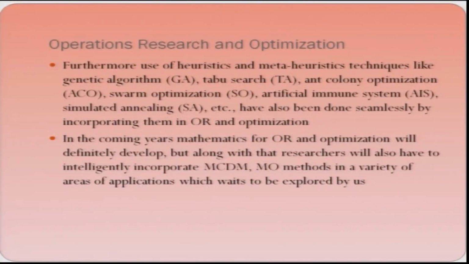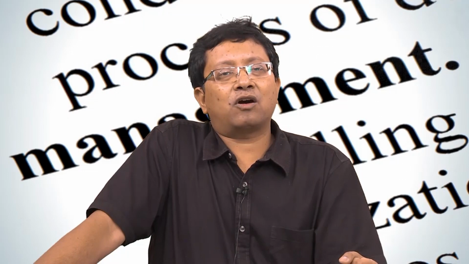In the coming years, it is thought, with a positive viewpoint, that the area of multi-criteria decision making and multi-objective programming, where you use different tools and the advancements of optimization, will let you optimize two different objective functions in front of you.